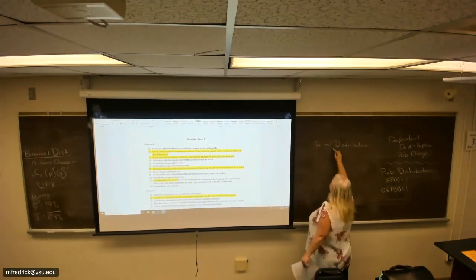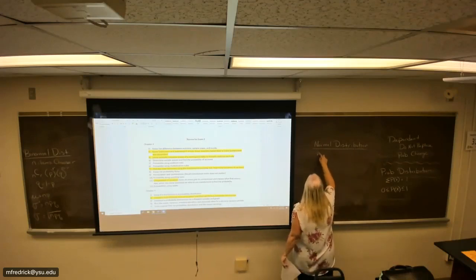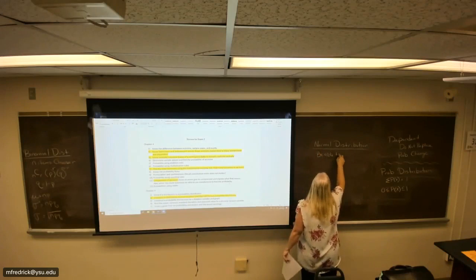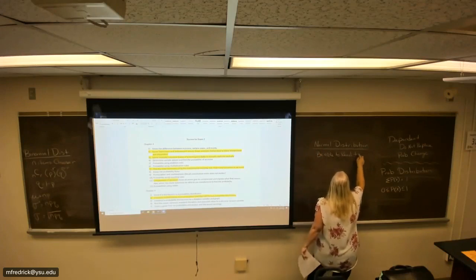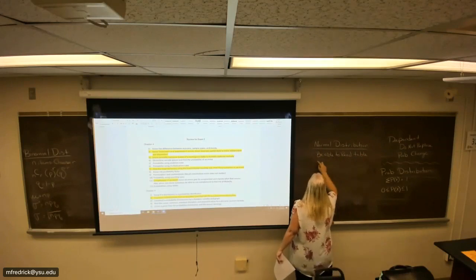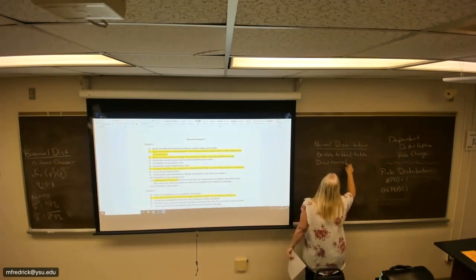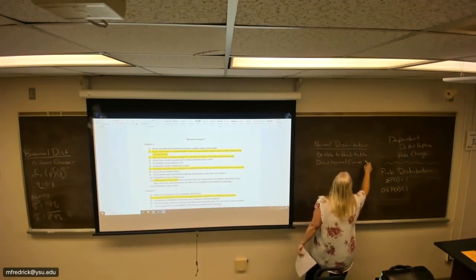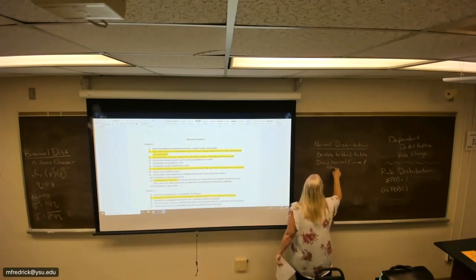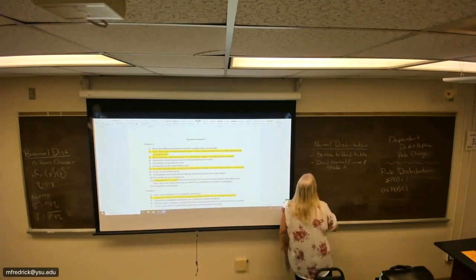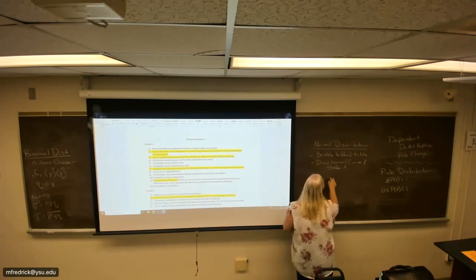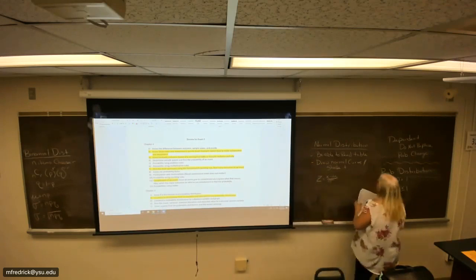For the normal distribution, you need to be able to read the table.